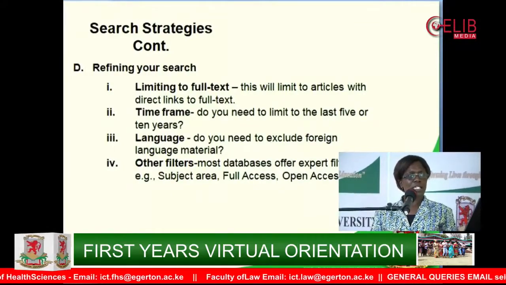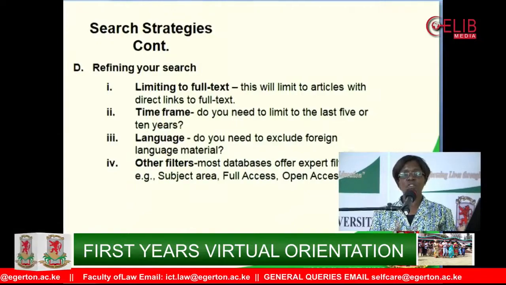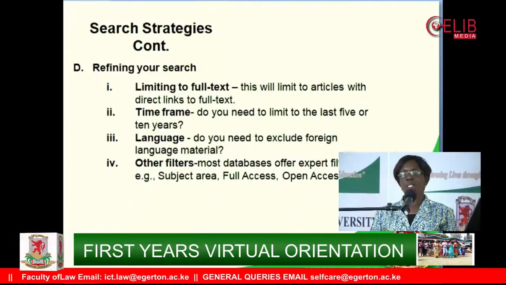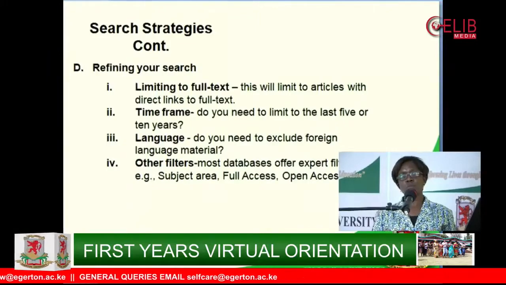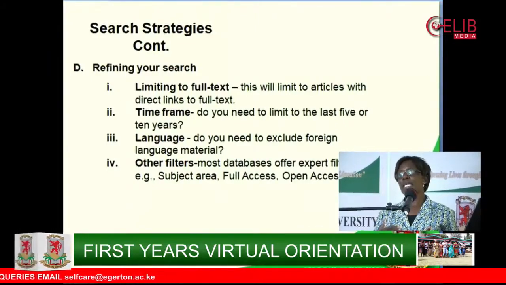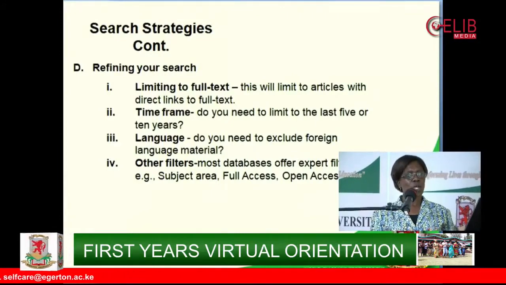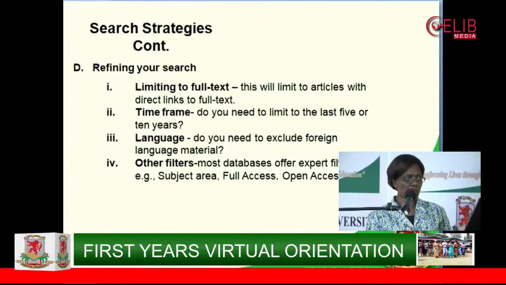You can limit to full text only. You can limit to time frame, what is found just within a given time. You can also limit to language. Maybe you don't speak English, you just want what is available in French, or you don't want any information appearing in any other language. Again, you can refine your search to get it to the specific language that you want.